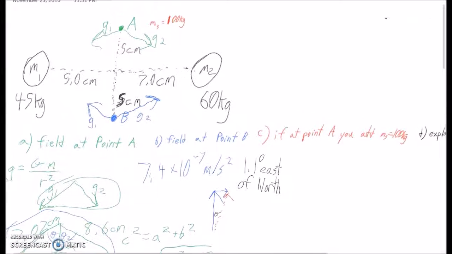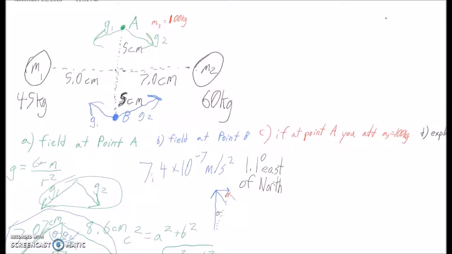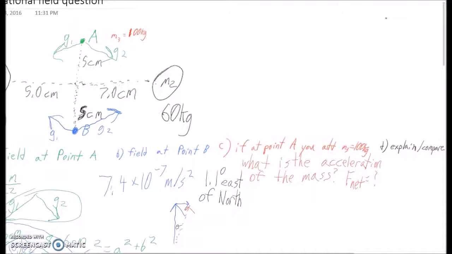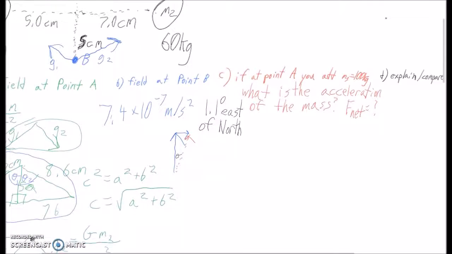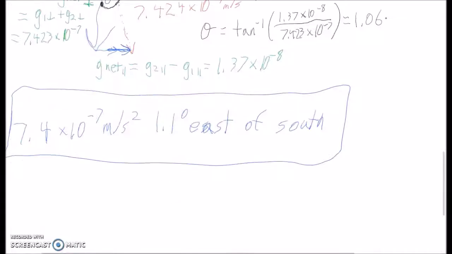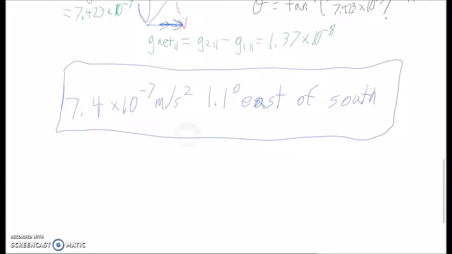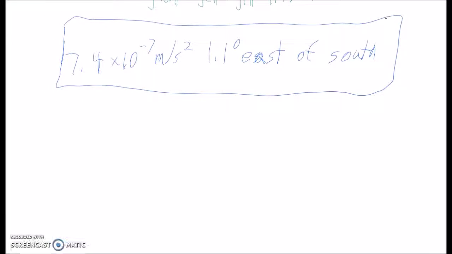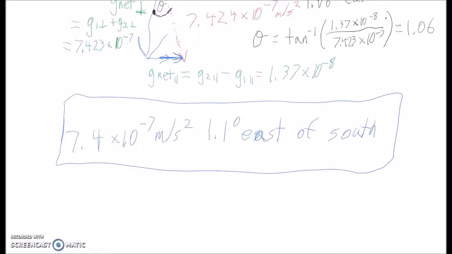Okay, now part C. If at point A you add a mass of 100 kilograms, well, let's think about it. What is the acceleration of the mass? Did we do a calculation for acceleration? Why, yes we did. Right there, that's an acceleration, with the direction and a magnitude. Wow, that's great.